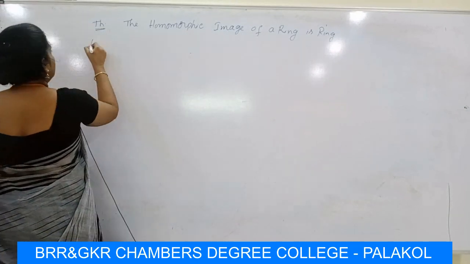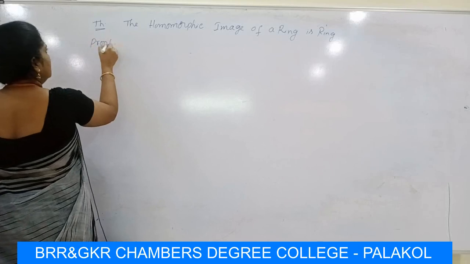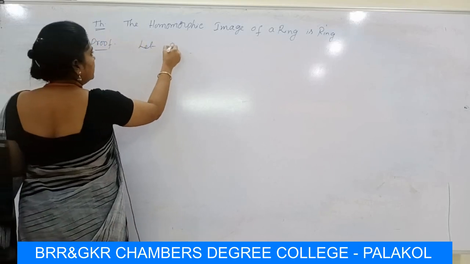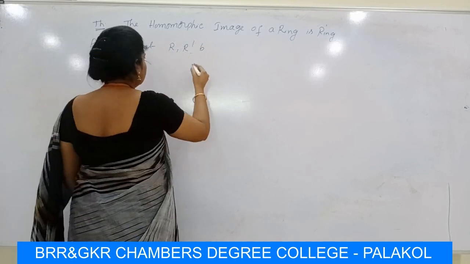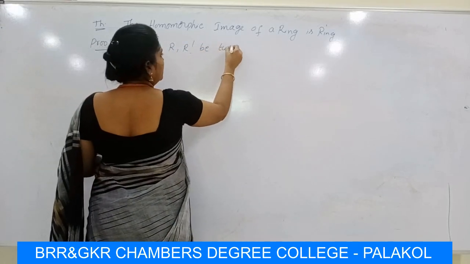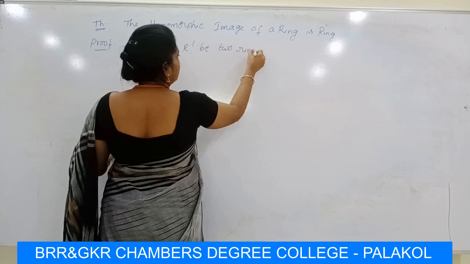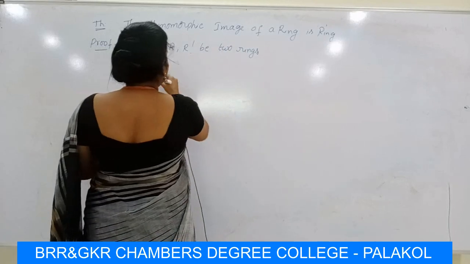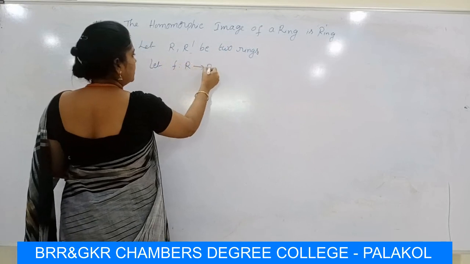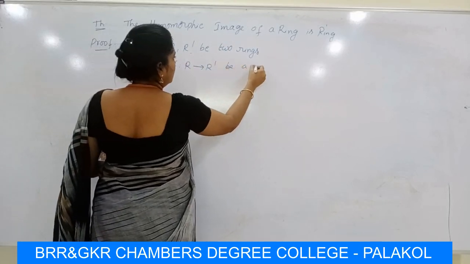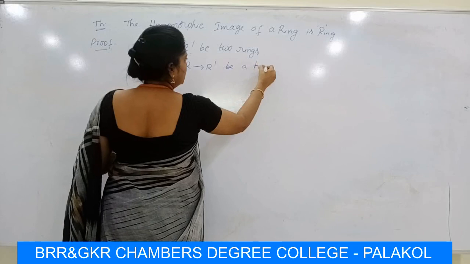Proof: Let R, R dash be two rings. Let f maps R to R dash be a homomorphism.